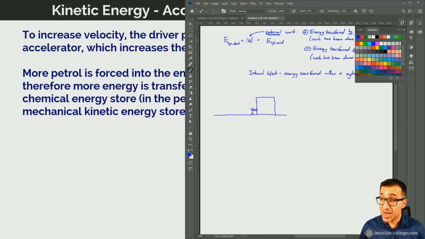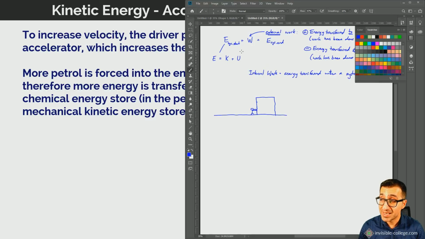So before a change takes place where external work is done on a system or by a system, the energy of a system at any point is the sum of the kinetic energy of the system plus the potential energy of the system. Now, when work is done, one or both of these will change. If external work is positive, one or both of these will increase.